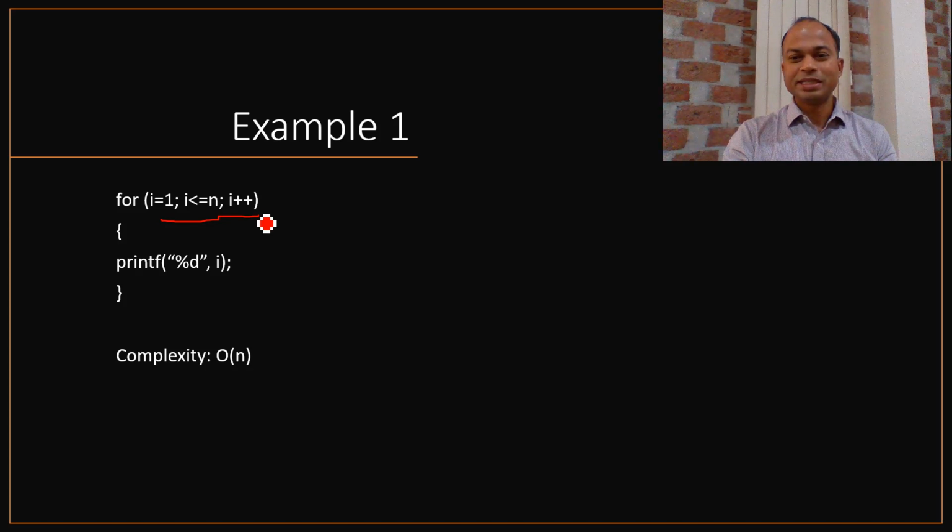Here the loop is executing n times, so the dependency is upon n. If we have a dependency on n in any algorithm, then complexity is order of n. In this way, we can find out the complexity of this algorithm.